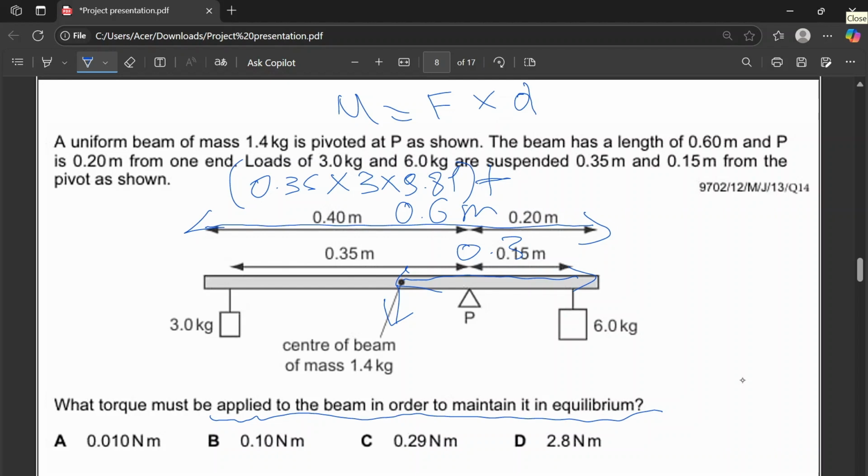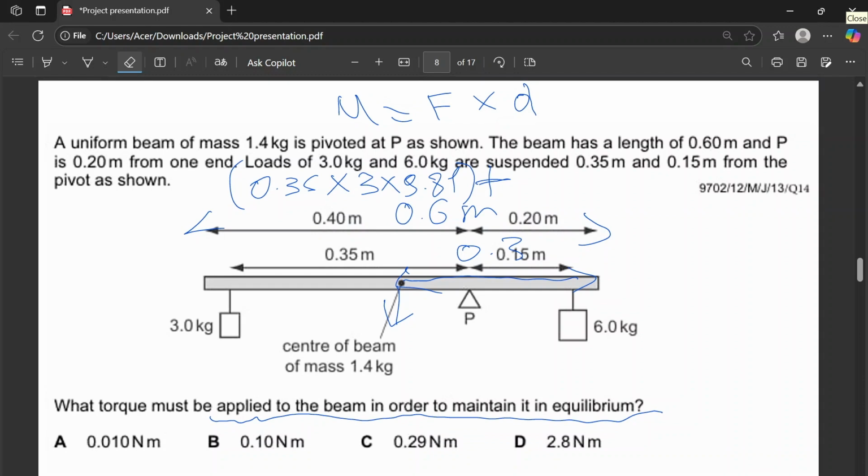From that, if we subtract 0.20, then it will be 0.1 meters distance from the pivot. So 0.1 meters times 1.4 kilograms times 9.81. Now you can see this is one side of our formula. At the end we will calculate both sides, then equate them so that we will find how much force we need to apply.